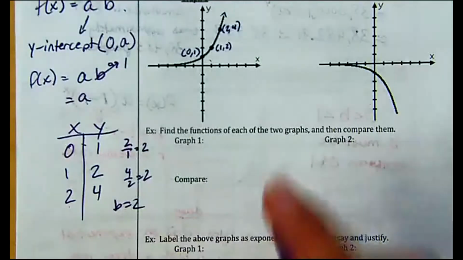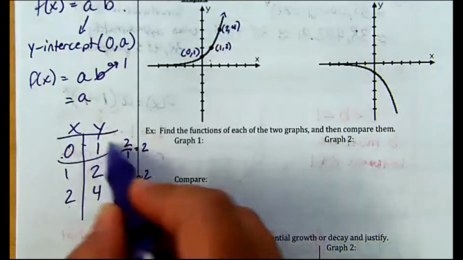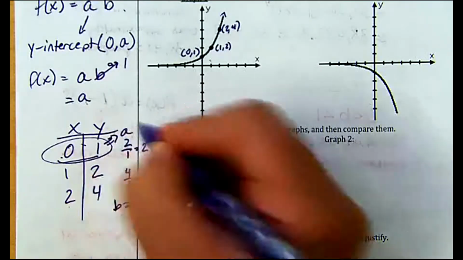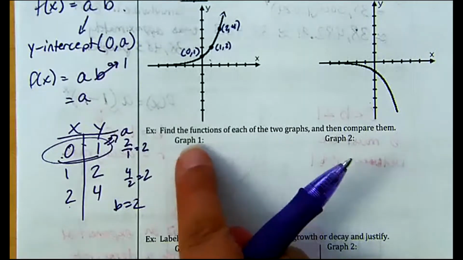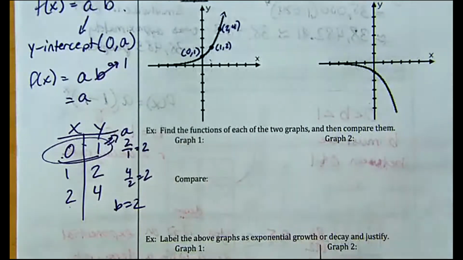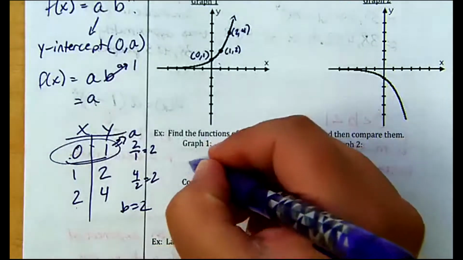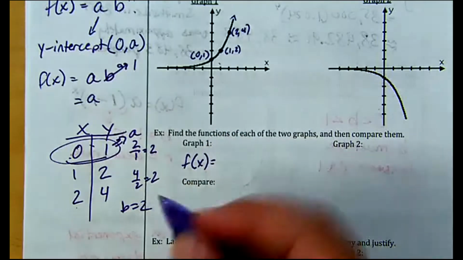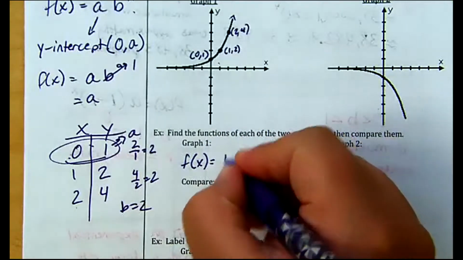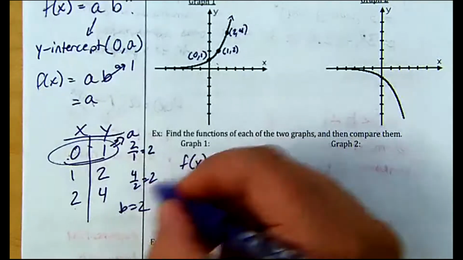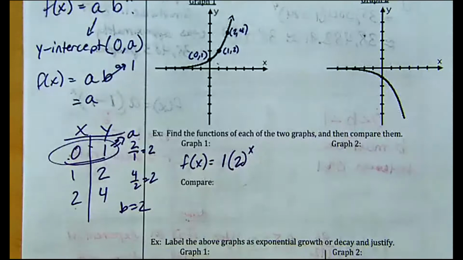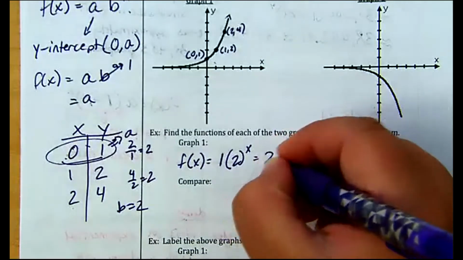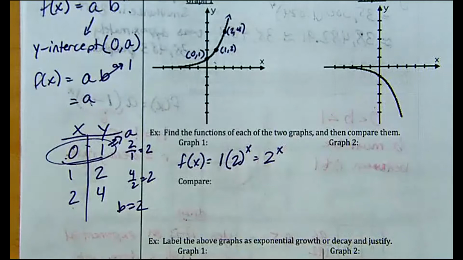And my a right here, this is going to be my a. So my graph, right? Find the function of each of the two graphs, then compare them. My function is going to be f of x is equal to my a, which is 1, times my base 2 to the x power. Which literally just simplifies to 2 to the x power because it's 1 times that, right? Doesn't change much.